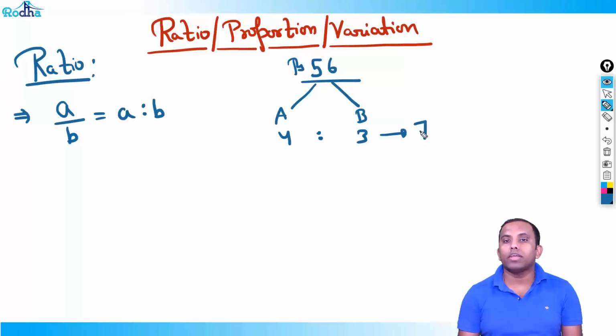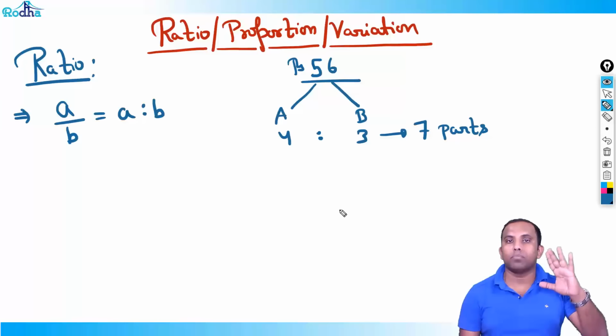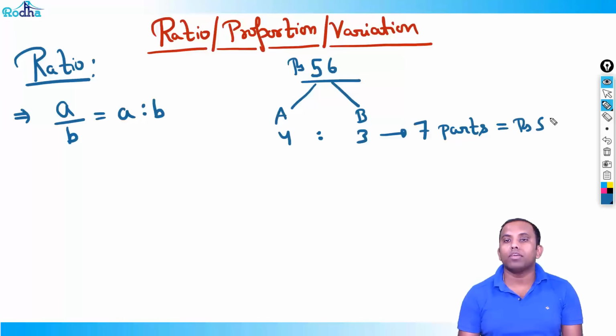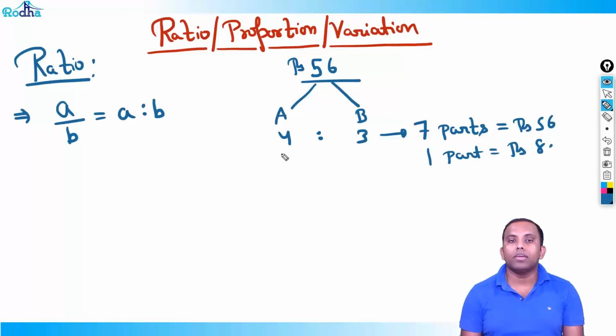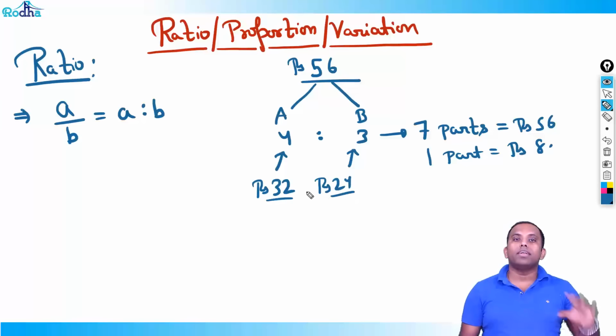So 7 parts is rupees 56, so one part of this ratio is rupees 8. So if one part is rupees 8, 4 parts is rupees 32, 4 into 8 is 32, and 3 parts is 3 into 8, 24, right? This is the literal meaning of ratio.